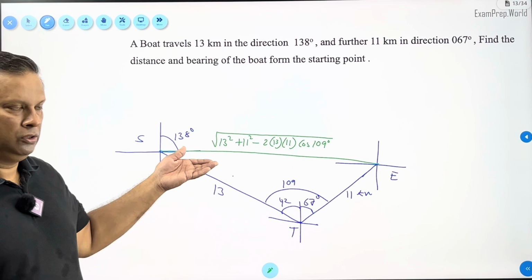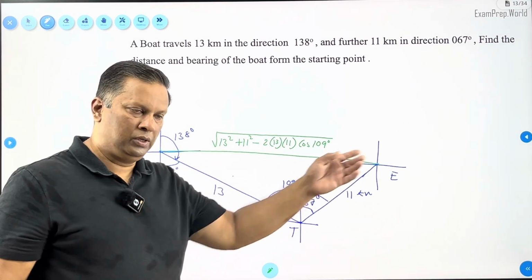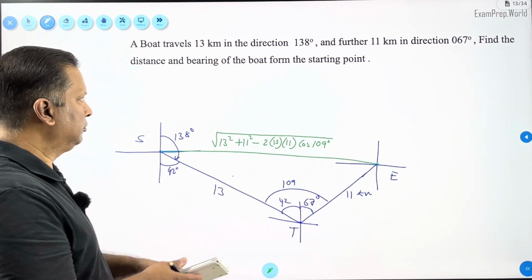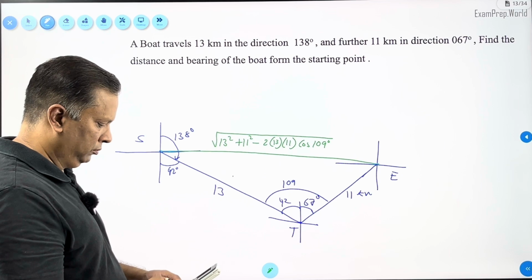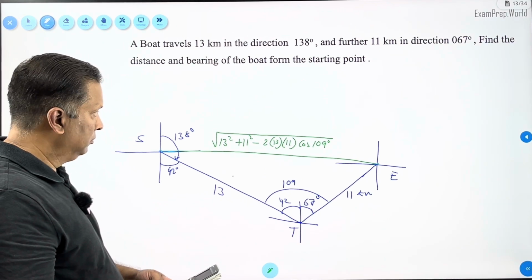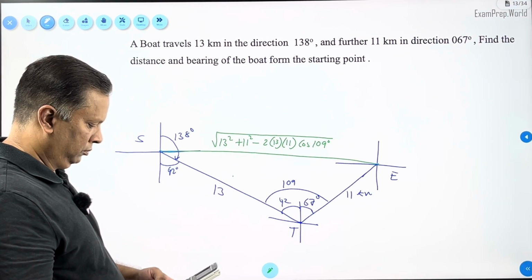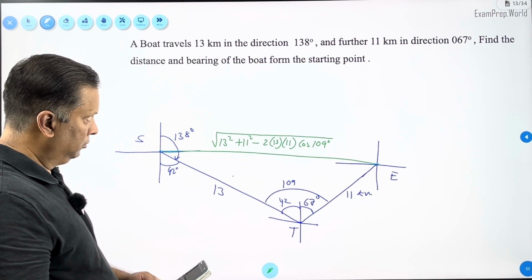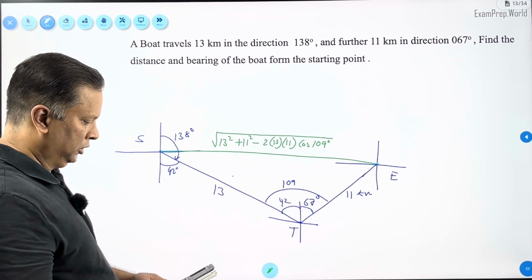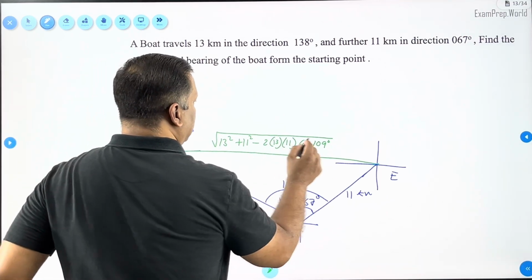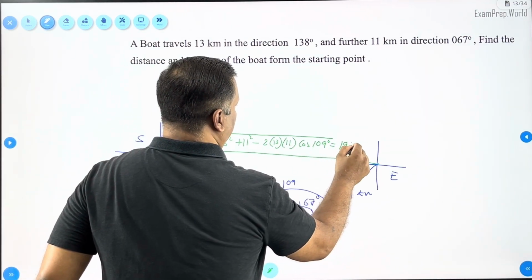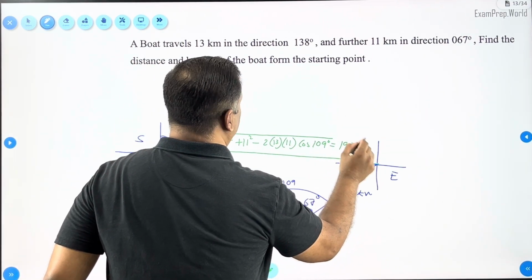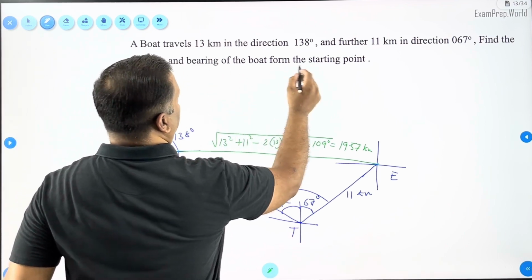If you do this, you will get this value. Let's do it. 19.57 kilometers. So we are able to find the distance.